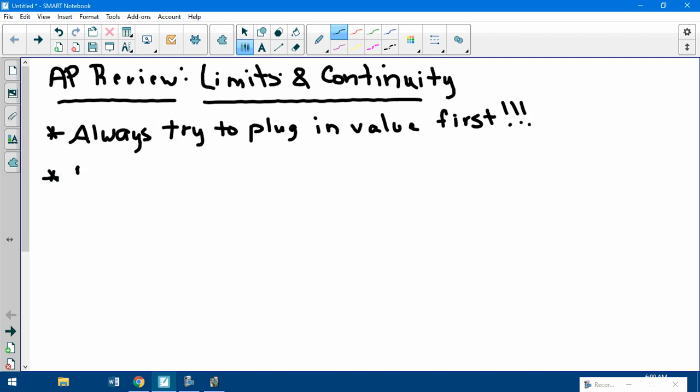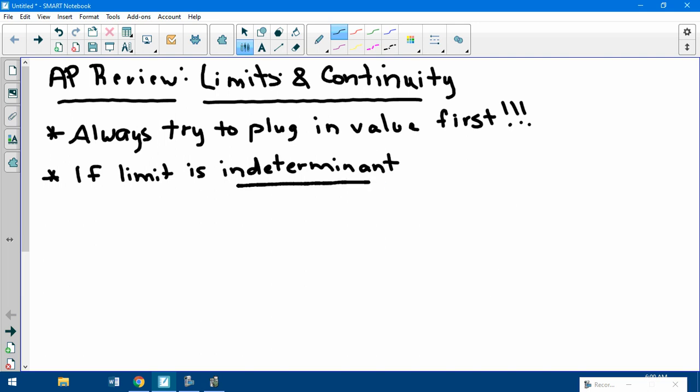If the limit is indeterminate, there's some things we can try. If the limit is indeterminate, and the most common indeterminate form is what? 0 over 0.